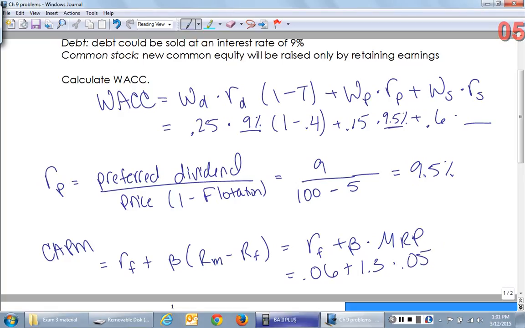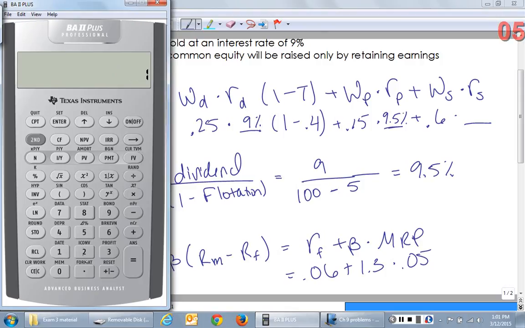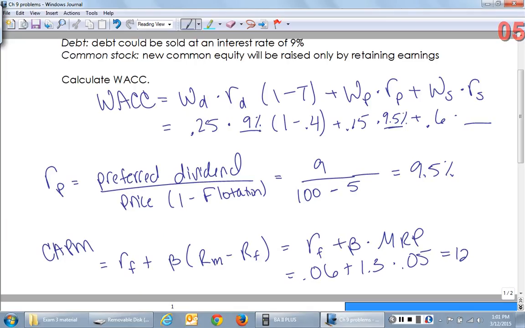So we can work this out. 1.3 times 5% plus 6% gives us 12.5%. So the cost of common stock is 12.5%.